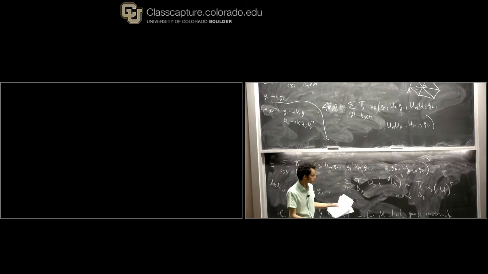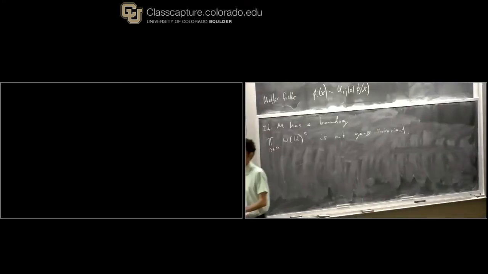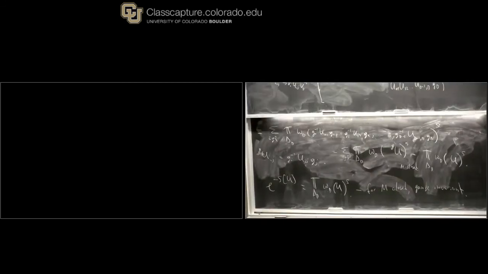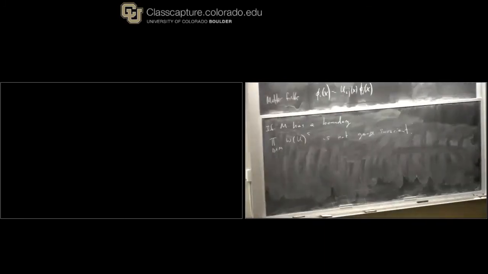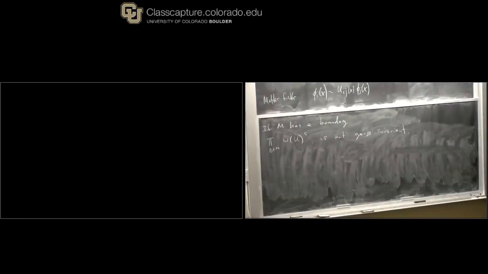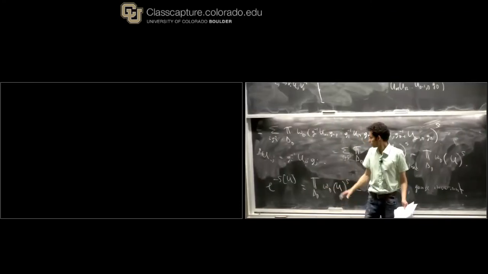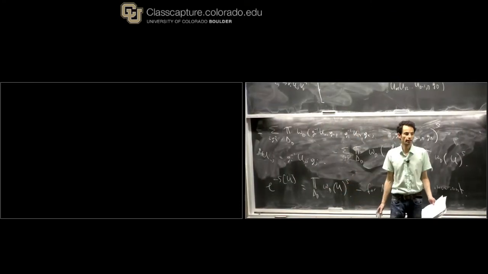So just working with this kind of bulk contribution, that's not enough. How do we see explicitly? How do we argue that this is not going to be gauge invariant? Well, suppose this was gauge invariant even in the presence of a boundary. That would mean that on every d simplex, this omega d of u would be gauge invariant.